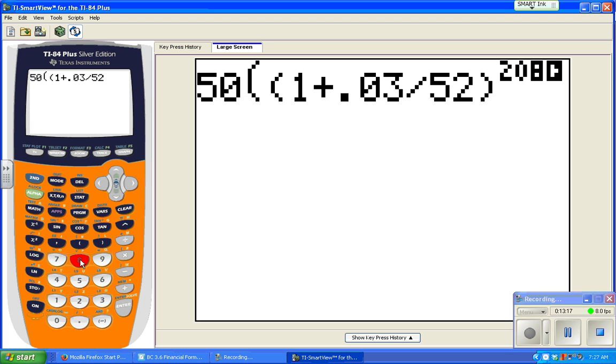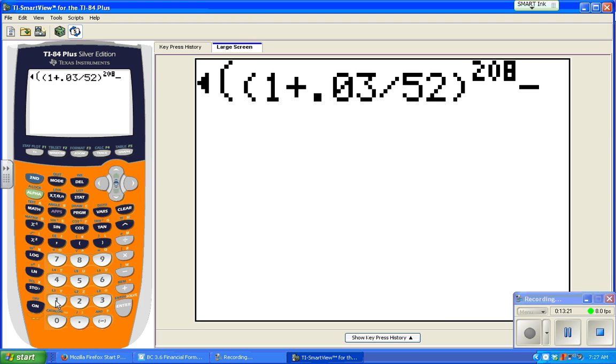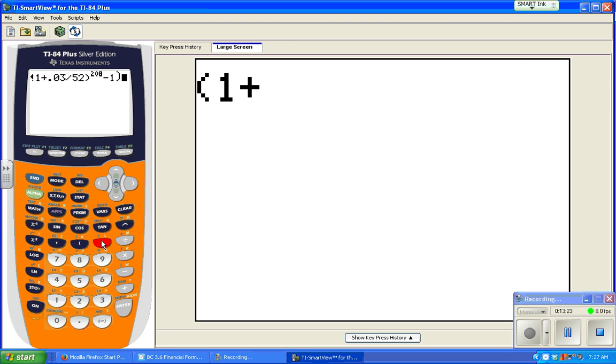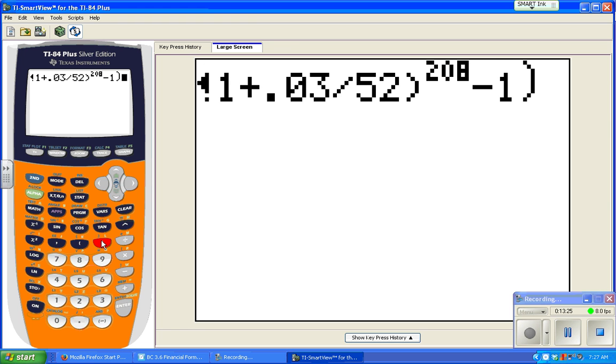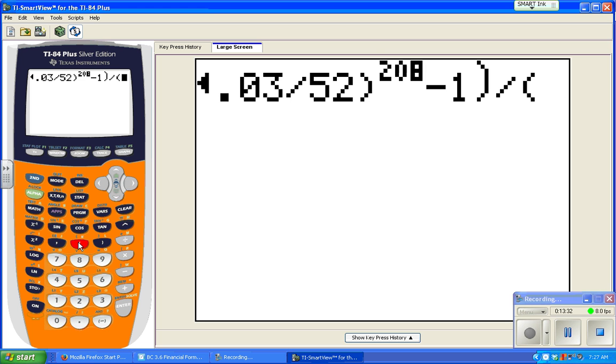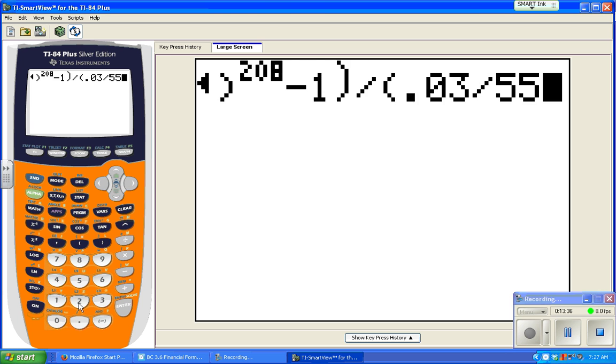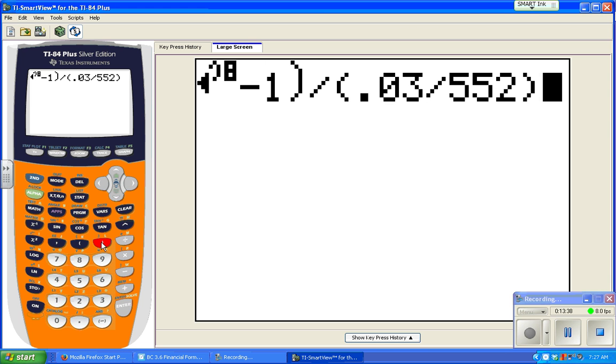208. I am working the new system, but I'm trying to type it in a little more like the old system. I guess I could have shut off the math view, but now close parentheses for the numerator, divided by open parentheses for the denominator, so you can hold together the 0.03 over 52. Now, I doubled the 5.